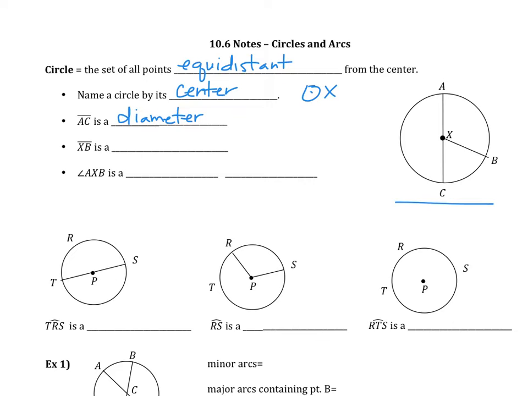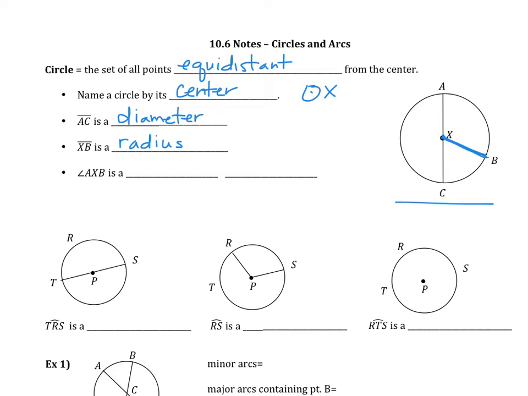Then we have XB, and XB, never mind that it hangs over a little bit, we would say is a radius. So a radius is going to be half of a diameter. Diameter goes all the way across, radius goes halfway across the circle. Both of those have to go through the center. So both of them use X as a point of reference.